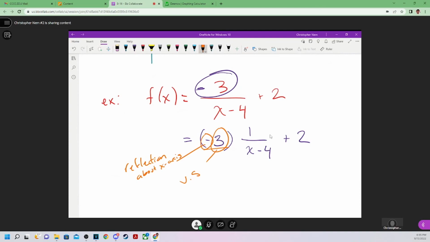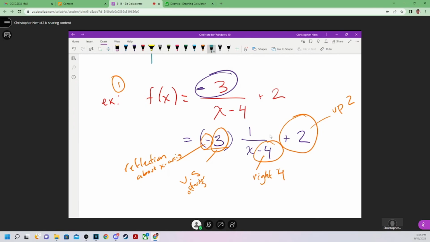It's a vertical stretch of factor 3. This will represent, wait, it's minus 4, but it's inside of our function, so we have to go in the opposite direction. So we have to say right 4, a shift to the right 4, and this right here is outside of our function, so we have to say up 2. That's example 1 of combining all of it together.